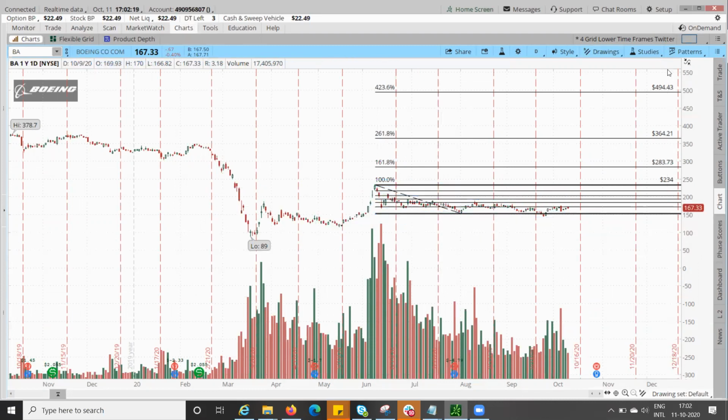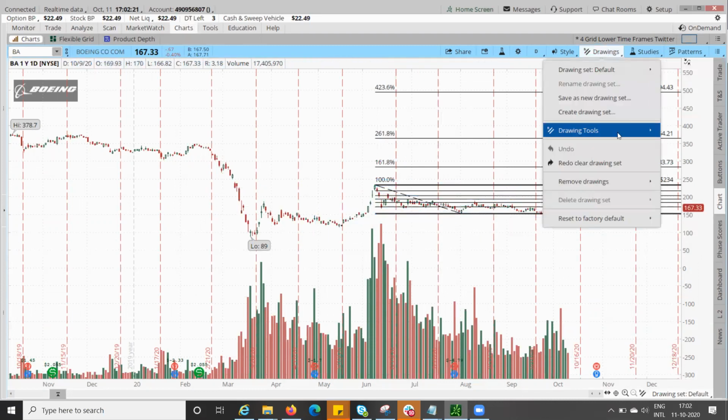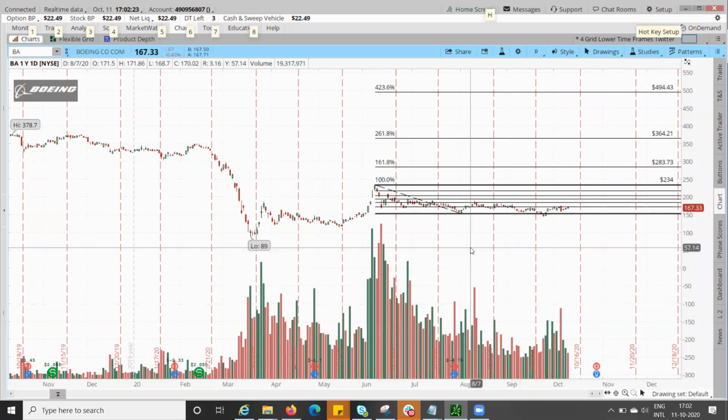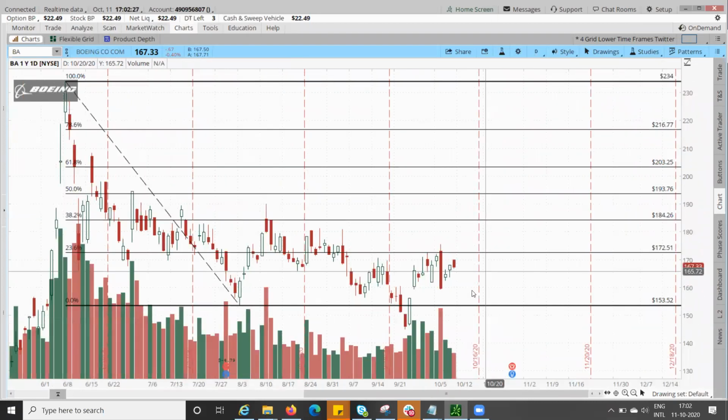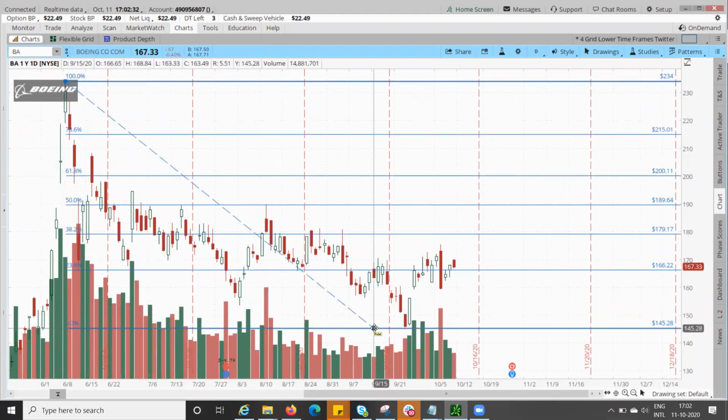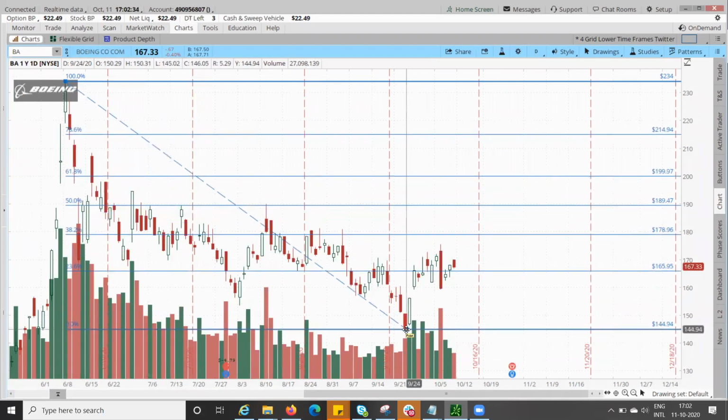This one I had. From 234 to, I should move it to here now because it came to 145. Yeah, that was my question, going to 145. So now it has 165 support, 165, 95, 178, 189, 234.